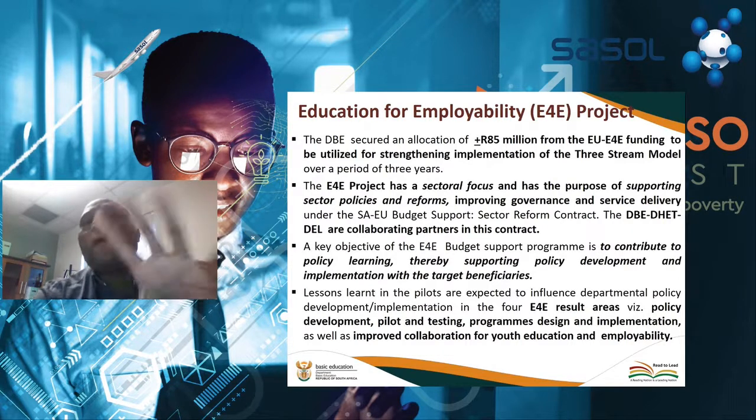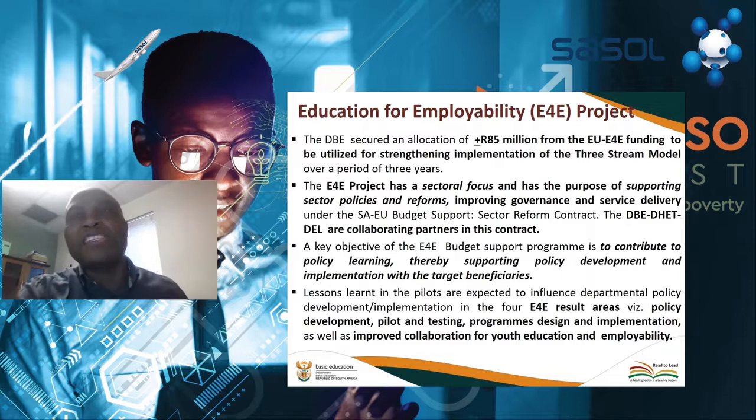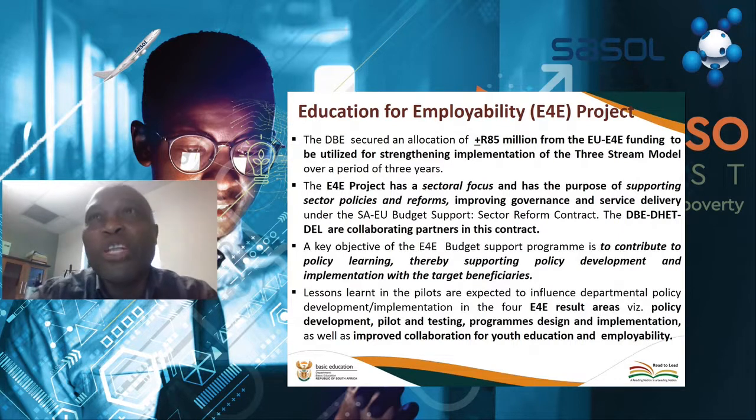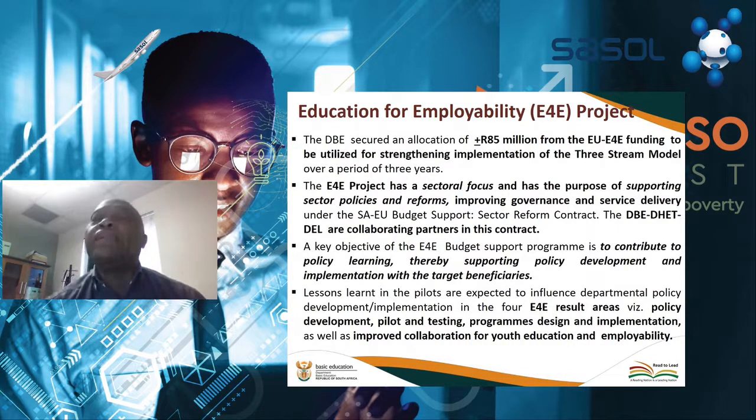Now, as part of the program for implementing the 3-stream model in the basic education sector, one needs to indicate that in as much as we don't have funding yet for the 3-stream model from the vote or from government, what the DBE has done was to present a proposal to the European Union in 2017, and that proposal was approved.